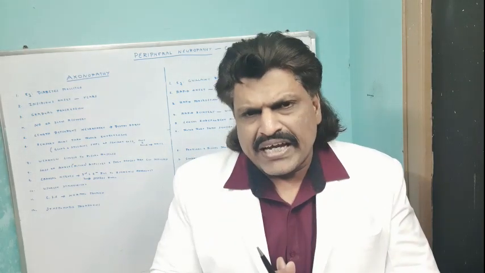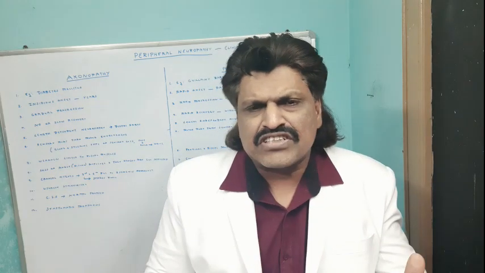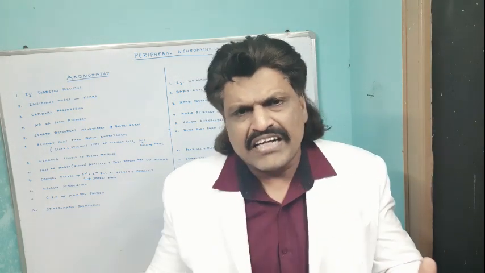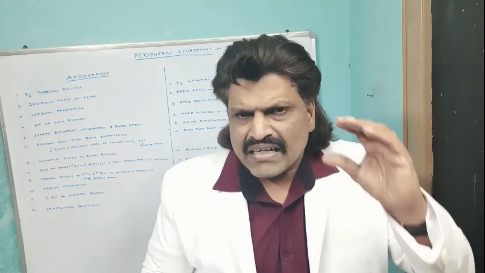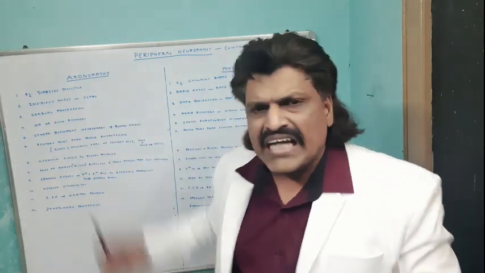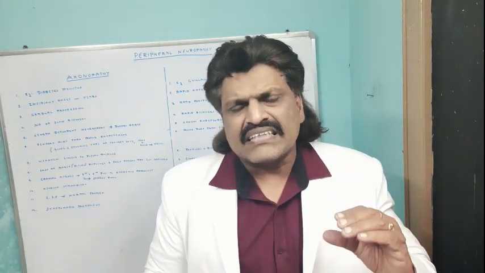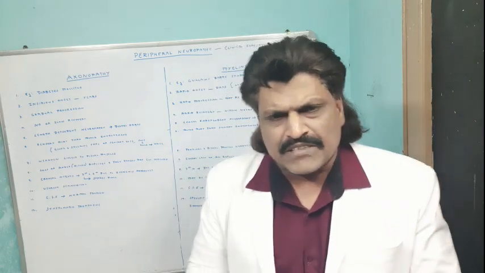Even before we begin the discussion, we shall keep in mind that the classic example of axonal neuropathy is diabetes mellitus, and the classic example of demyelinative neuropathy is Guillain-Barré syndrome, the GBS.